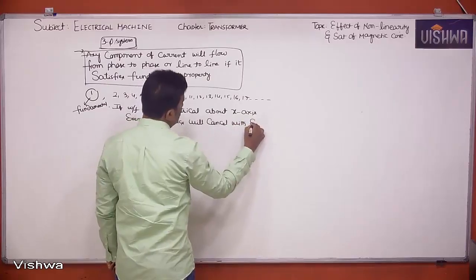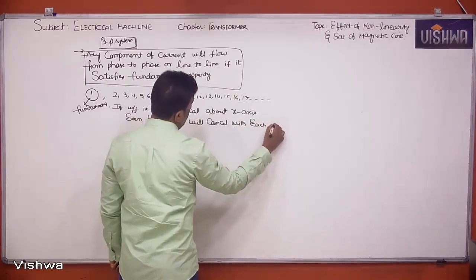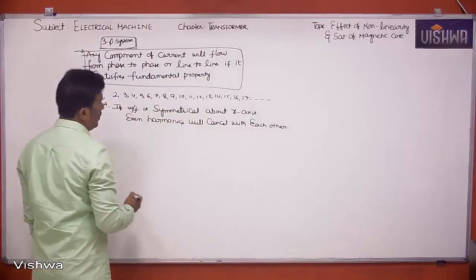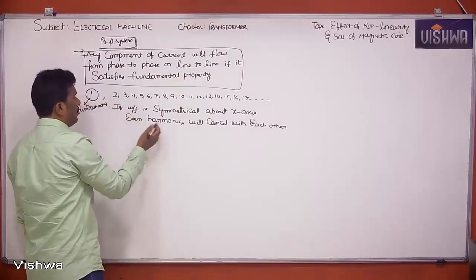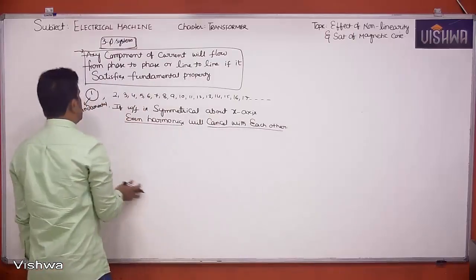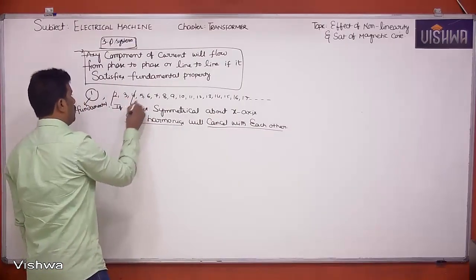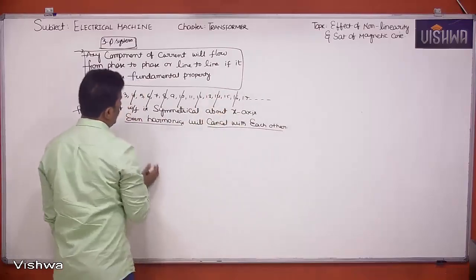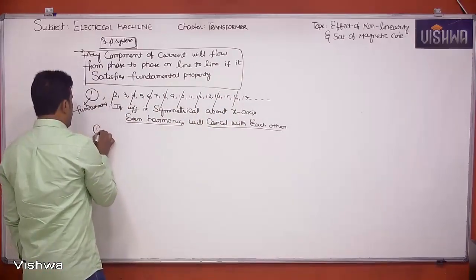Suppose the waveform is symmetrical about the x-axis and even harmonics cancel with each other. That means I can cancel even harmonics 2, 4, 6, 8, 10, 12, 14, 16 and so on, and let me take the remaining harmonics.